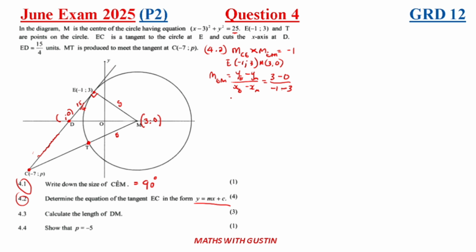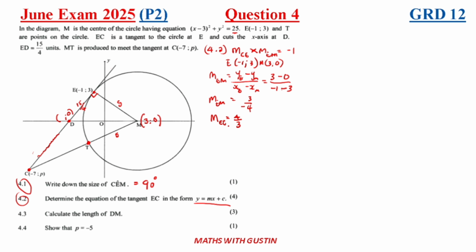So now this gives us an answer of -3/4. Oh yeah, +3 over -4. Right, so this is our gradient at ME. So therefore the reciprocal of this, the gradient of the line EC, should be equal to 4/3.